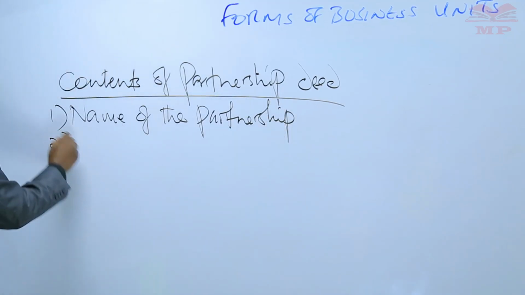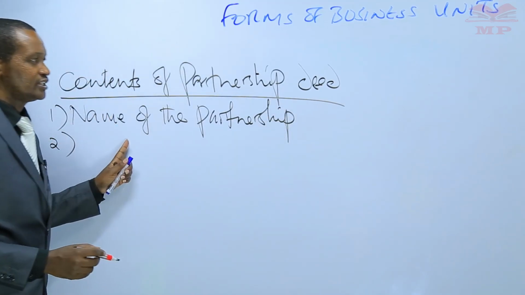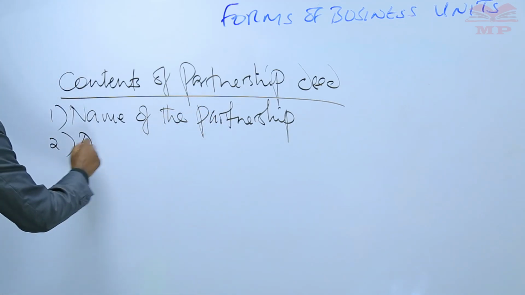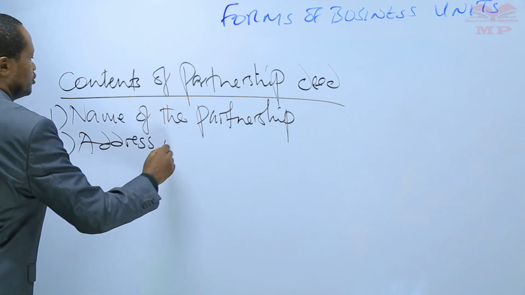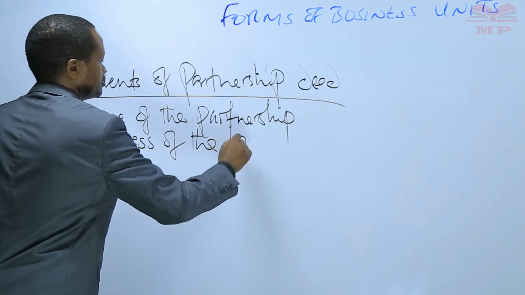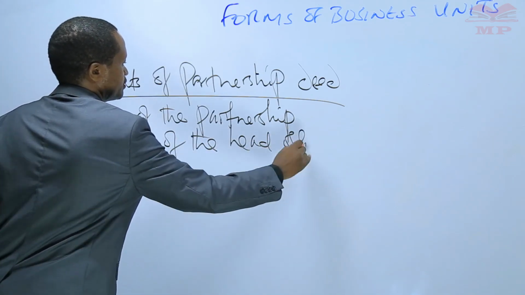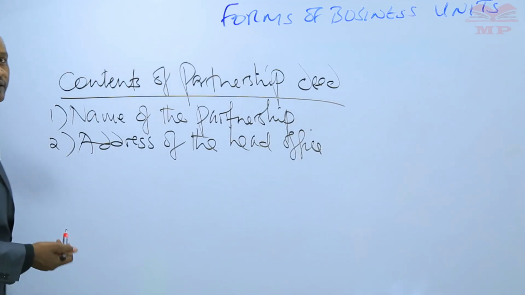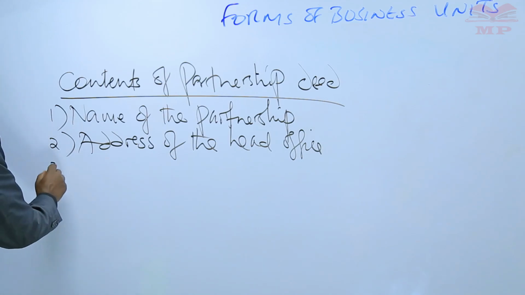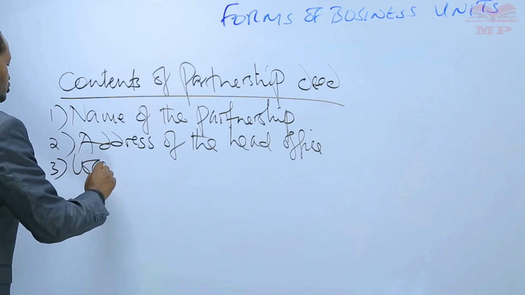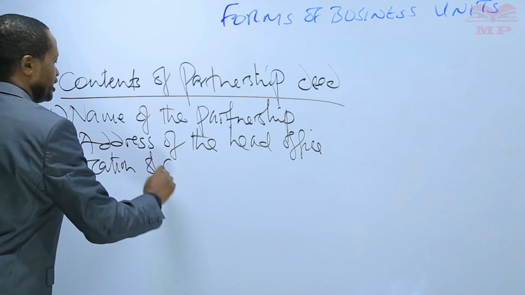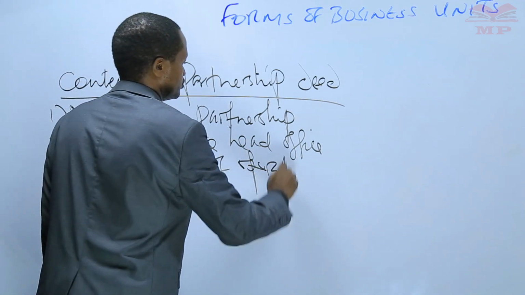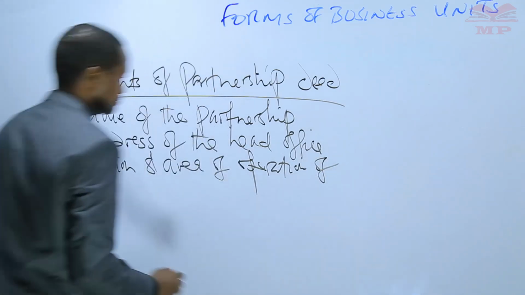Number two, the next item you will find in a partnership deed is the address of the head office. Then there is the location and area of operation of the business.